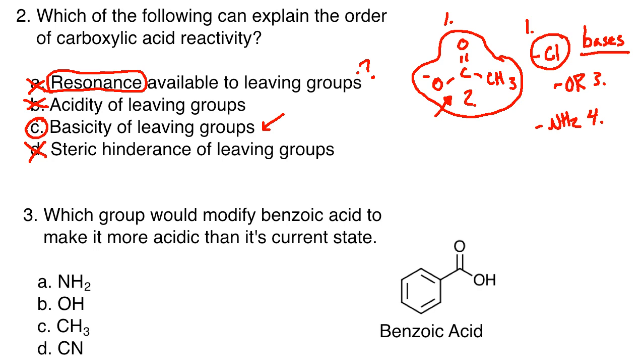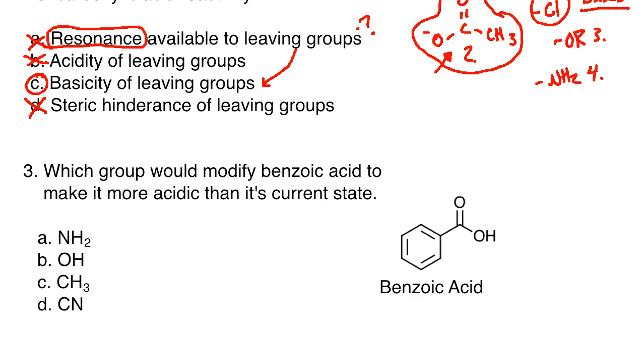So it's not just a resonance argument, although the resonance is helping to explain the level of basicity. Okay, it's a weak base in that case. So it's very important to distinguish the difference there, which is why we marked that down with a question mark, but we came back and realized that what A is telling us is just something about C. Okay, so C is the correct answer there.